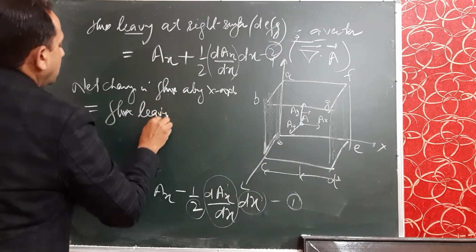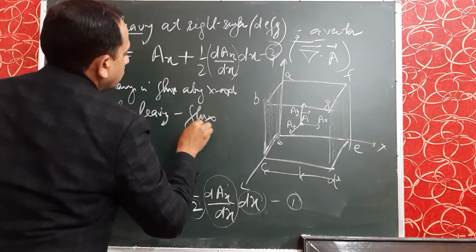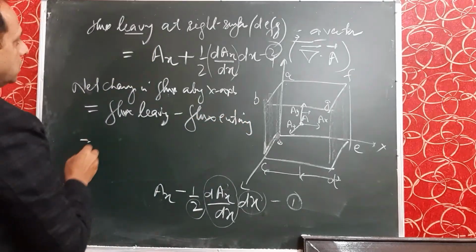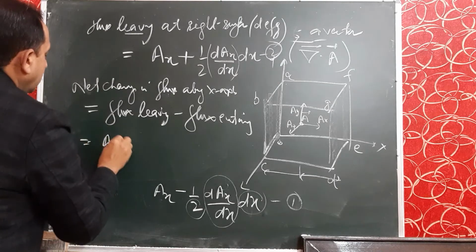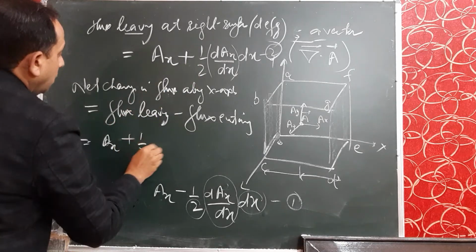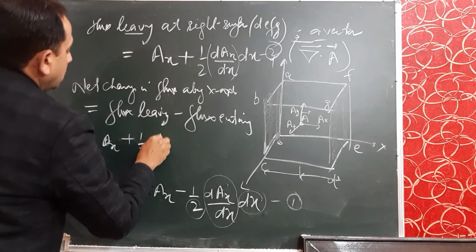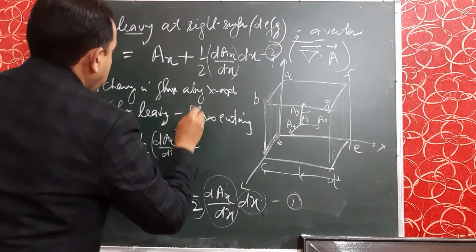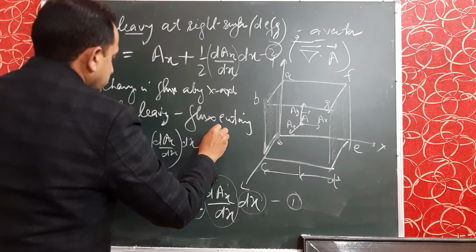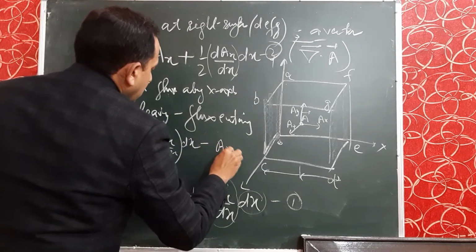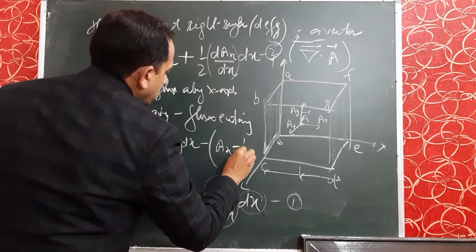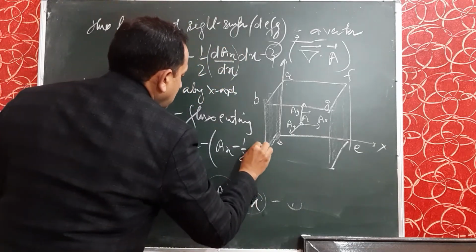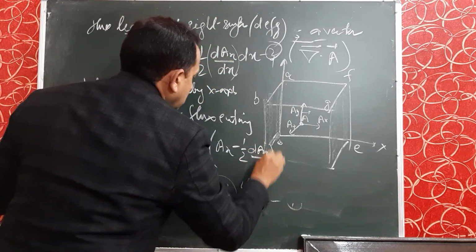Flux leaving is Ax plus half of dAx upon dx into dx, and minus the flux entering, Ax minus half of dAx upon dx into dx.